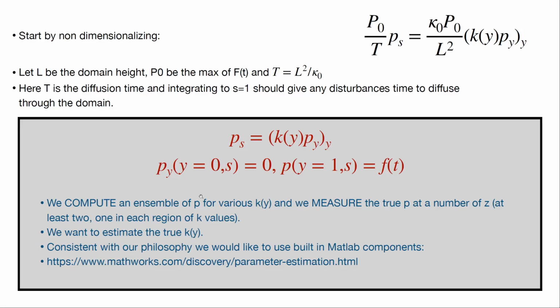We'll just say this. We're going to compute an ensemble of non-dimensional P for various non-dimensional kappa of Z, and we measure the true P at a number of Z, and we're going to estimate the true value of that kappa distribution.